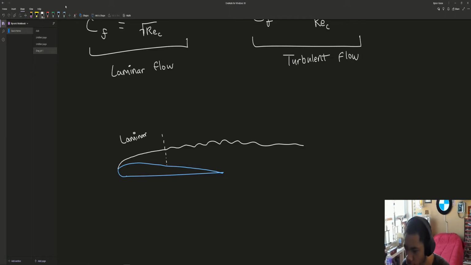In other words, all of our flow right here nicely moves in a very streamlined, oriented way.